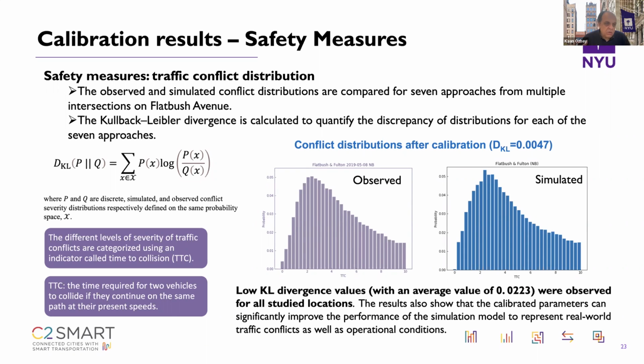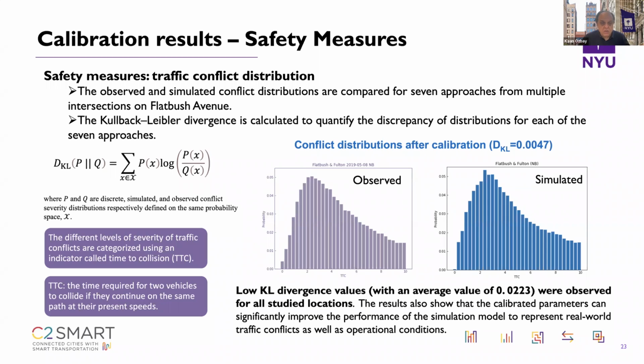And I talked about it a few minutes ago, the DKL divergence measure. We calculate that measure, and when we did that, we found out that for our simulation, the conflict distributions after calibration, this DKL measure is very small. So this is what we want. We want to be as close to zero as possible.